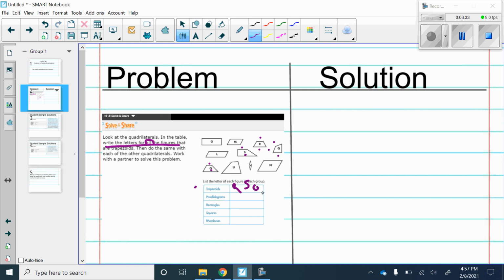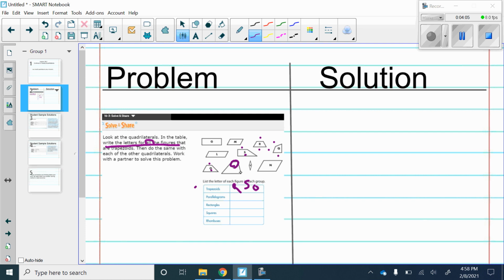So I'm going to put O in that category. I see in shape U, it looks like this angle right there is a little slanted. So I'm going to leave U alone, because remember, they have to be parallel lines that are straight. V has no lines that are parallel, and N has two sets of parallel lines. So for now, for trapezoids, I'm going to put R, S, and O.